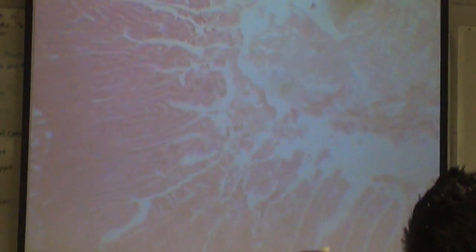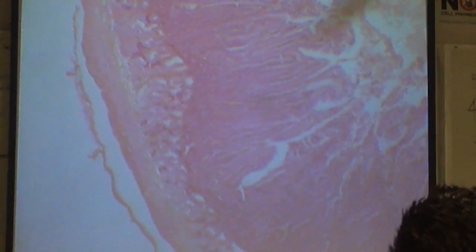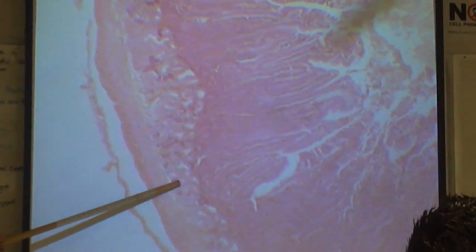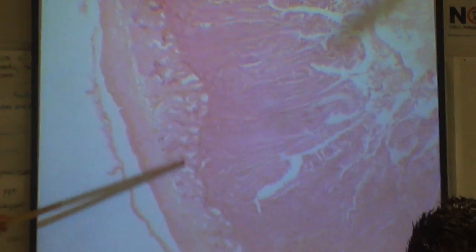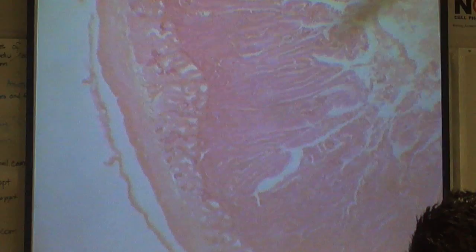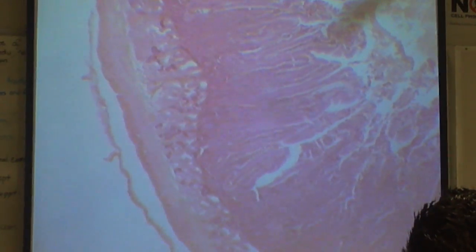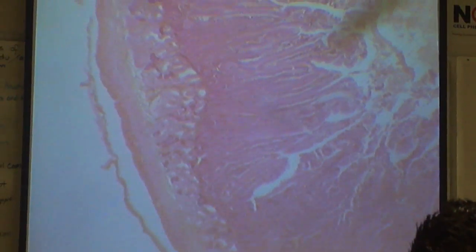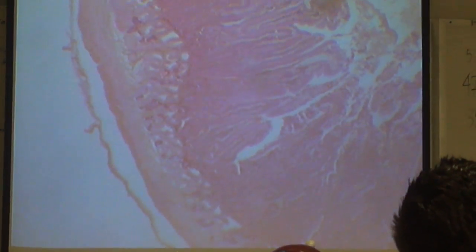And then when you go a little deeper, like right now, I'll focus this a little better if I can. This region from here to here, you can see it varies in its width, but all this region in through here is the submucosa, and it's filled with very distinctive looking glandular tissue, which are the duodenal glands. So I'll show them to you at the next magnification so you see what they look like.